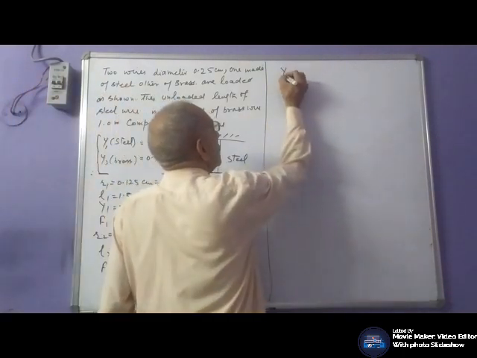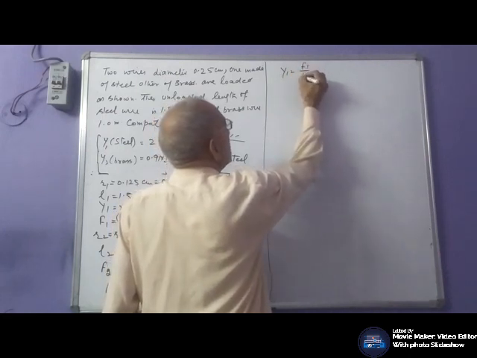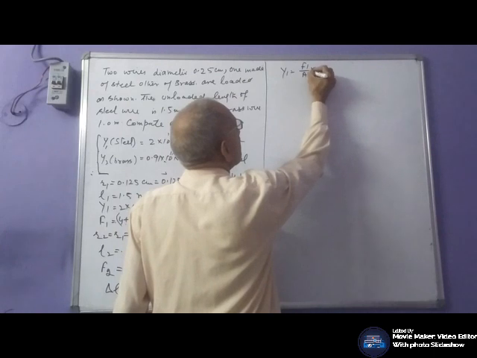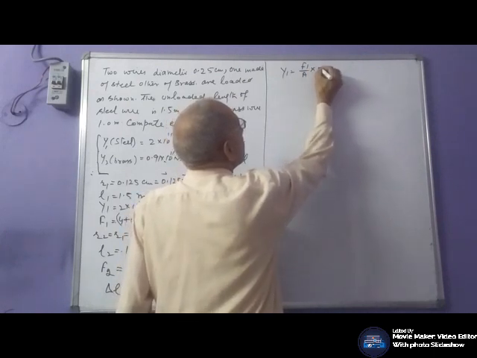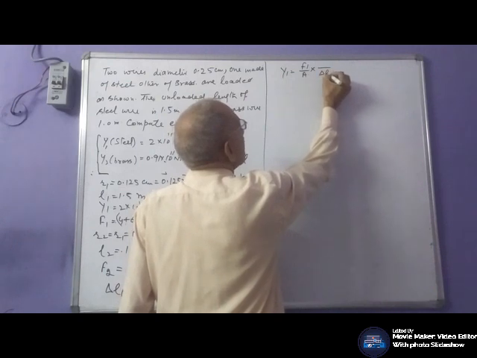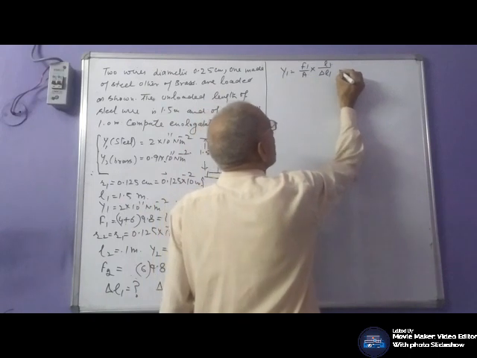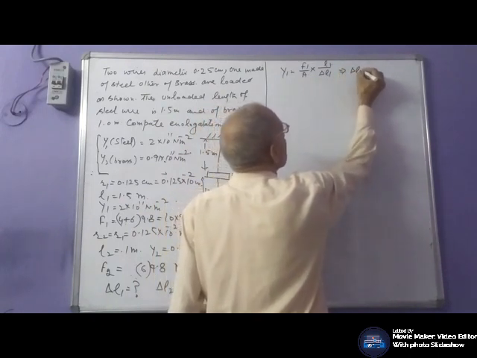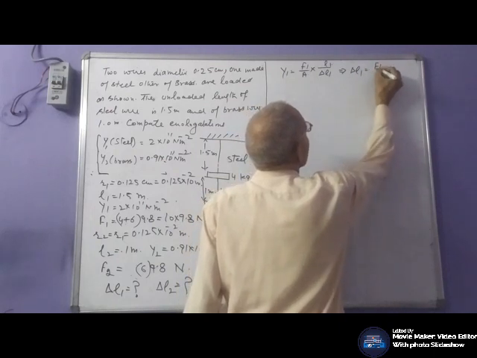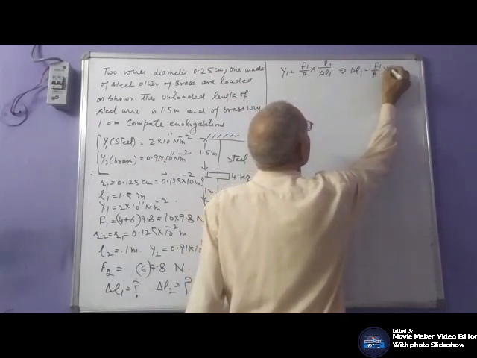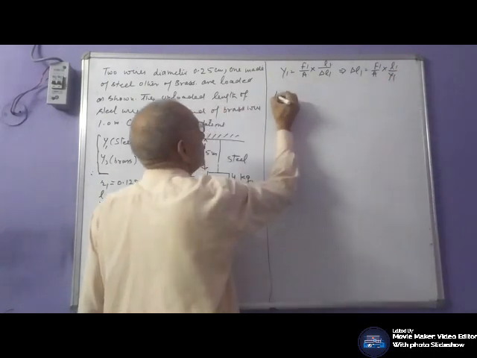Now Y1 is F1 by A over delta L1 by L1, or delta L1 is F1 by A times L1 by Y1.